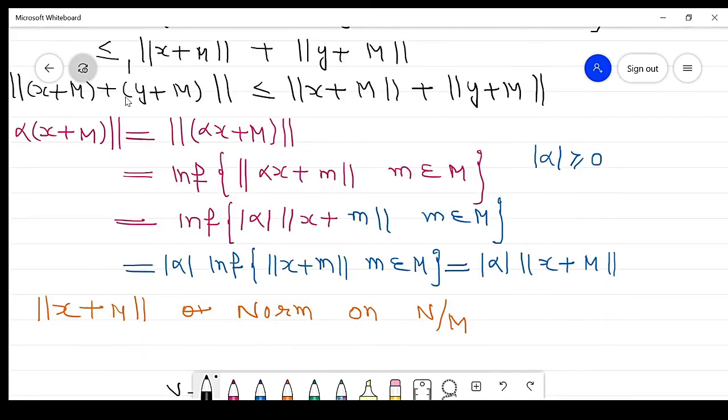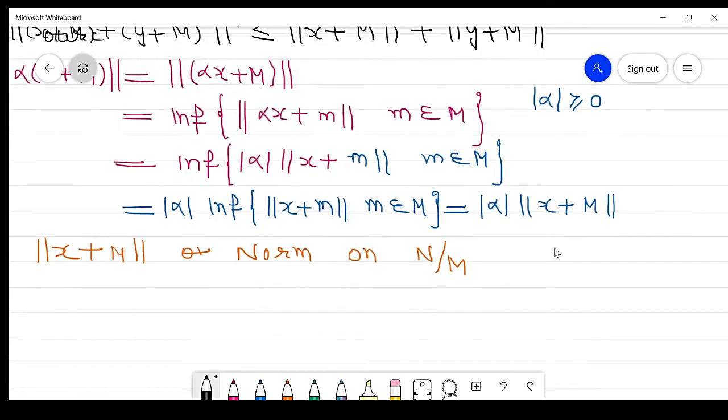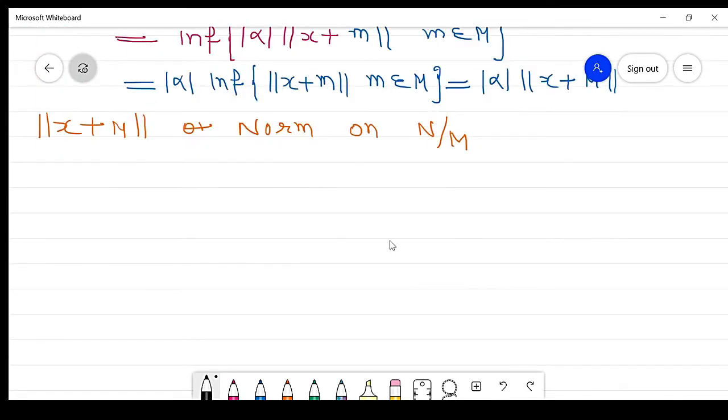Our claim is that N by M is also complete. To prove completeness, we use the fact that a Cauchy sequence is convergent if and only if it has a convergent subsequence.